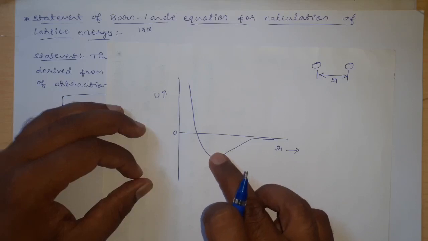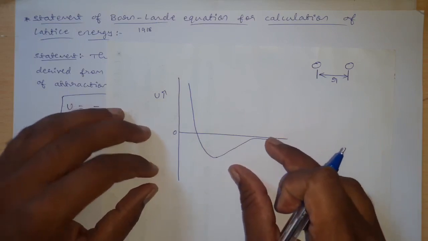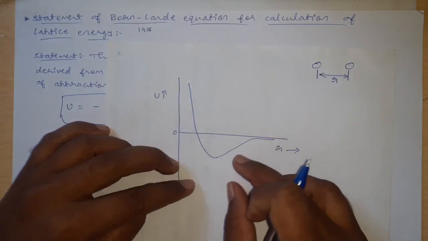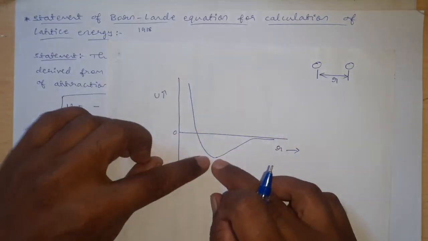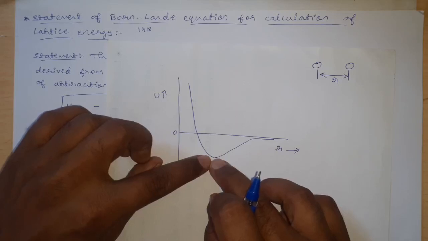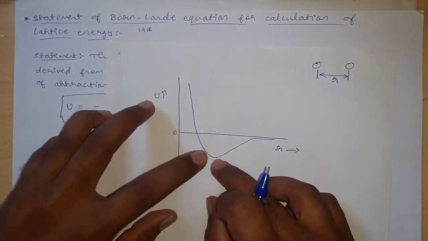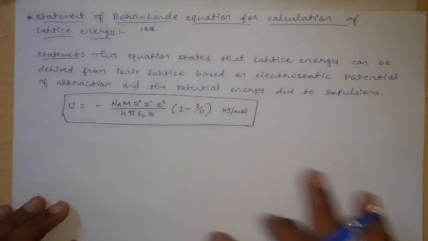But at a certain close distance, when the two atoms come close to each other, there exists a repulsive force between the combining atoms. Then automatically the energy goes on increasing, only because of the repulsion between the combining atoms. This is the statement of the Born-Lande equation to calculate the lattice energy.